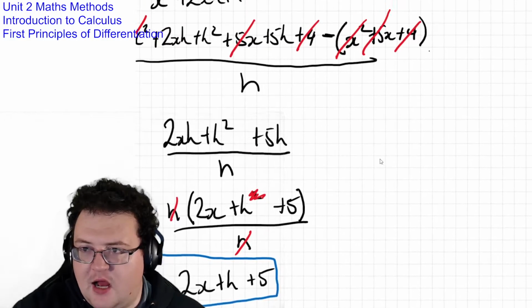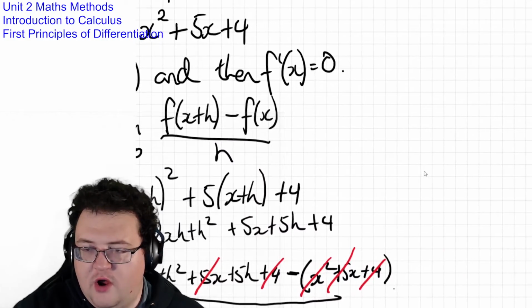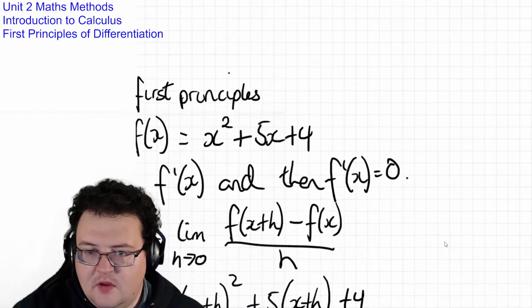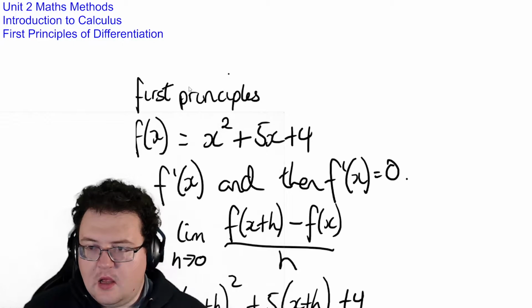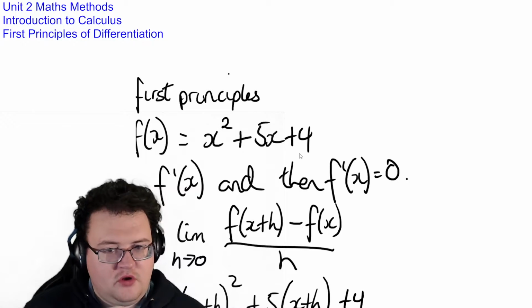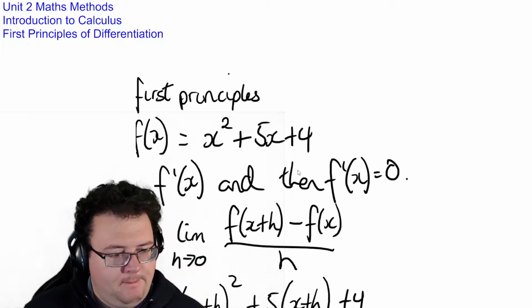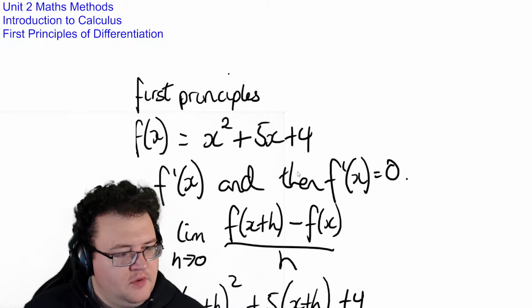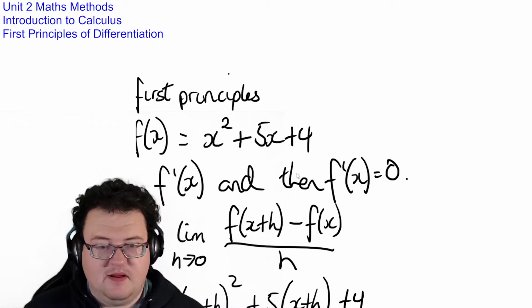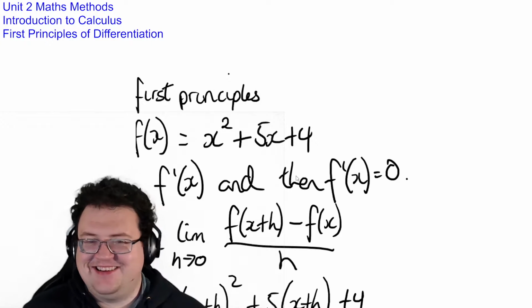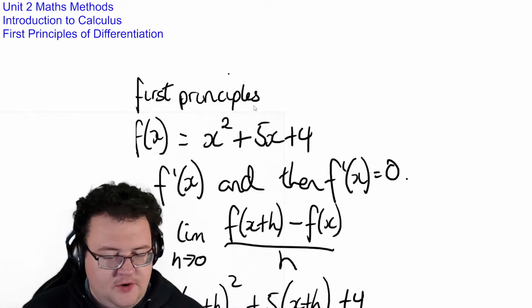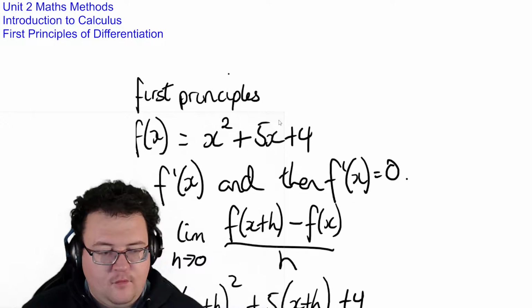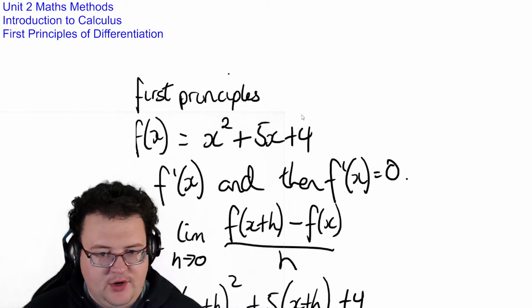So if we go back up to our original question here, there's a formula that I taught you guys all those months ago. It feels like years, hasn't it? For finding the x value of the turning point, the axis of symmetry.